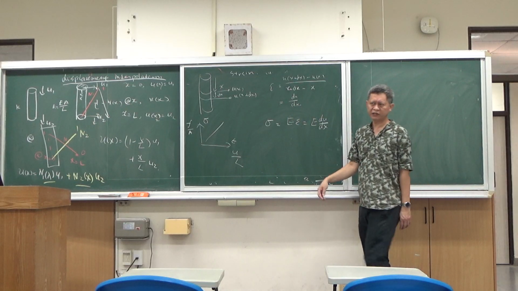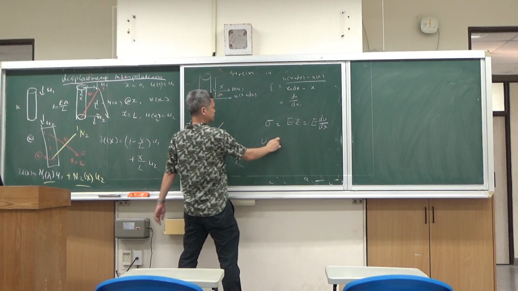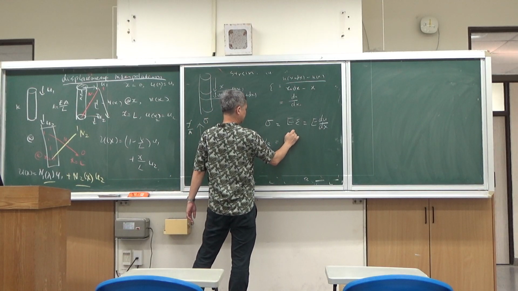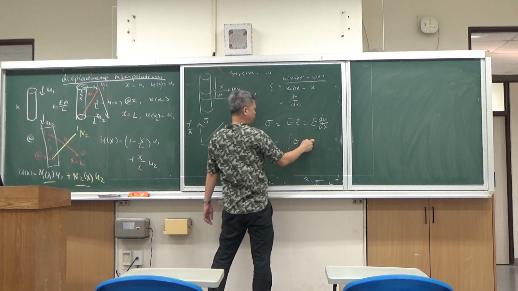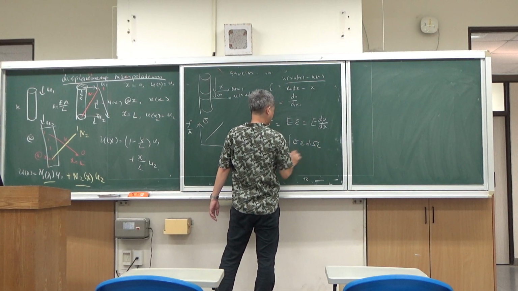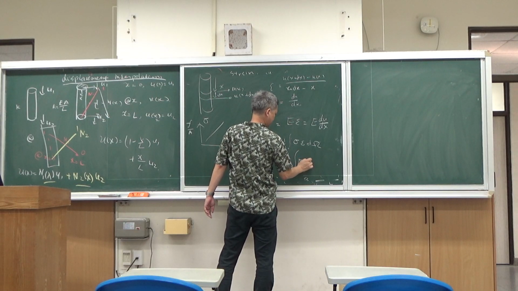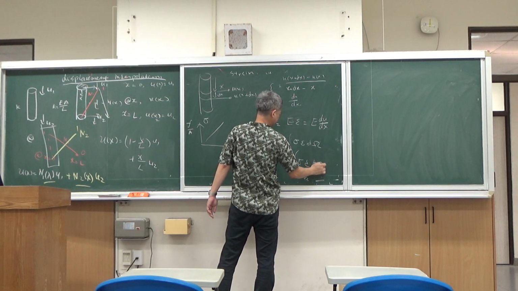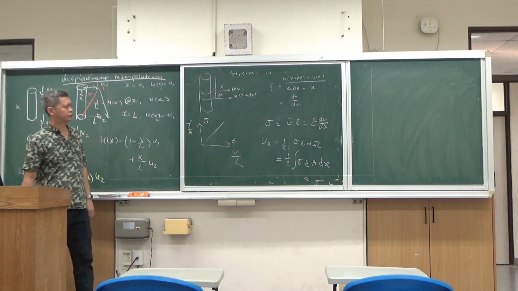And how much is the strain energy? The strain energy is the stress and the strain times the volume. How much is the volume? The volume is cross-sectional area times dx.